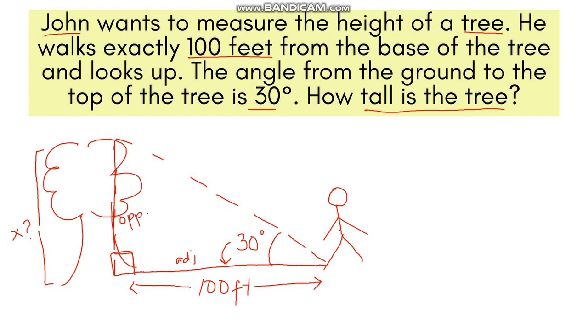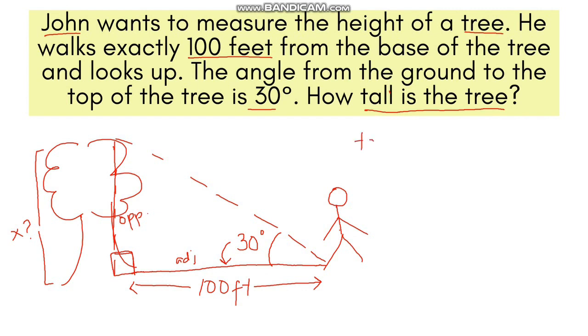So you have to think of a trigonometric ratio that involves the opposite side and also the adjacent side. It can be tangent, or it can also be cotangent. It depends on you which one you would like to use. We can use either of the two. To solve this problem, let's try to use tangent.